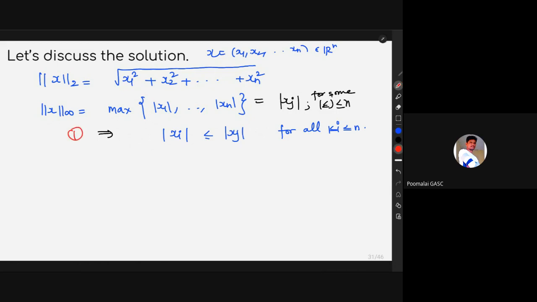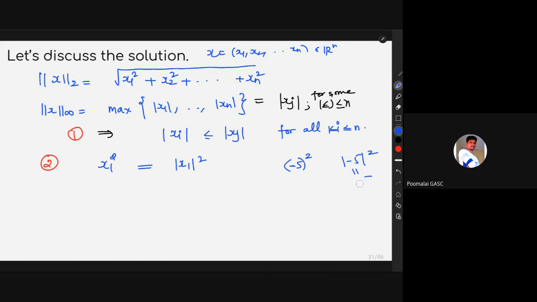Now, what is the second thing to notice? If you square x1, and if you square the modulus of x1, both will be the same quantity. They will be equal. Squaring a real number and squaring its modulus give the same result. For example, minus 5 squared is 25, and the modulus of minus 5, squared, is also 25.